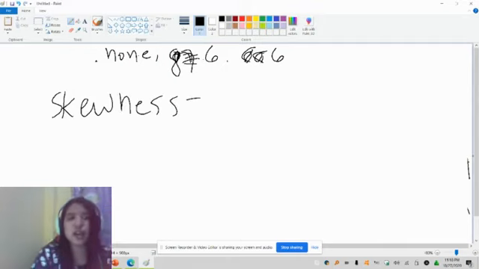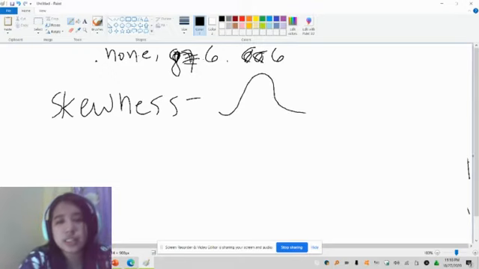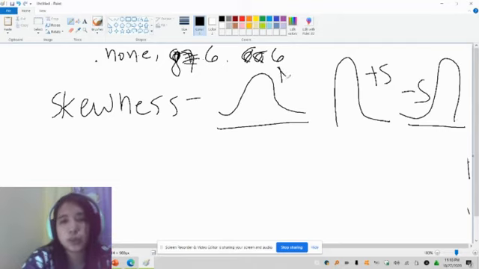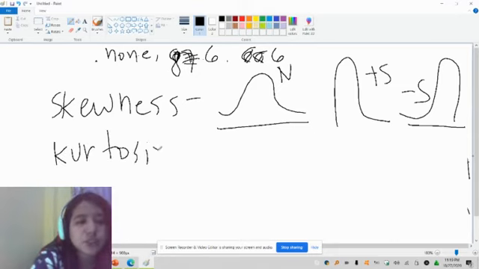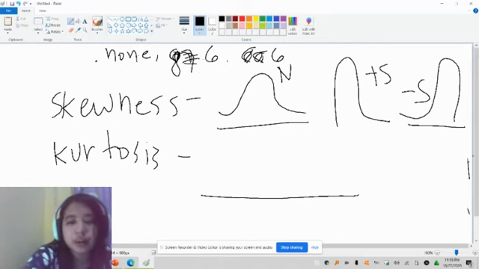Skewness is the symmetrical or asymmetrical shape of the distribution. So as mentioned, this is normally distributed. This is positively skewed. And this is negatively skewed. While kurtosis refers to the flatness or thickness of our graph.